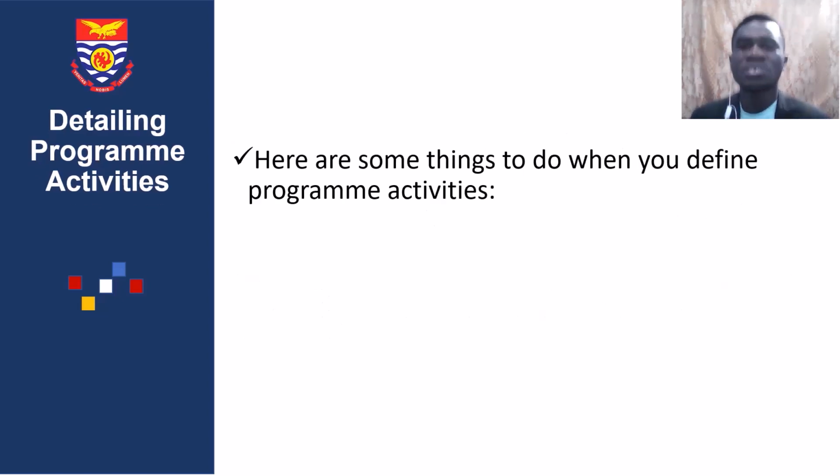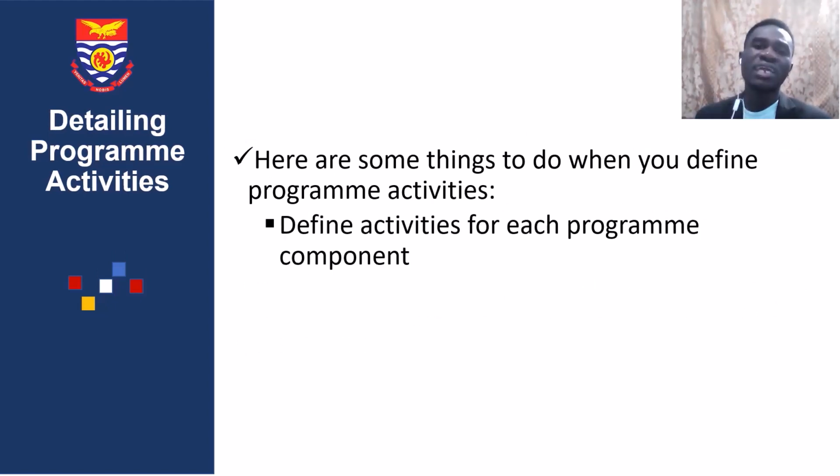Now here are some things you must do when you define program activity. Define activities for each program component. Now, to achieve a goal, we said the goals are translated into several objectives, and each objective will have a series of activities that will be done in order to achieve that objective.